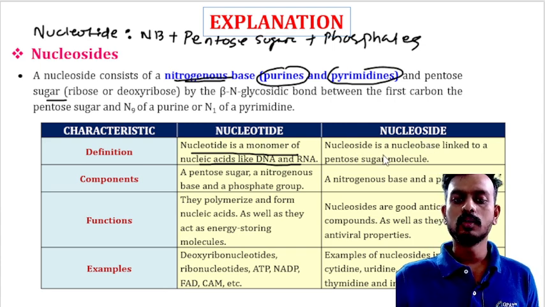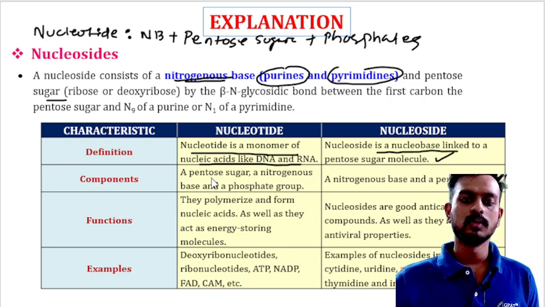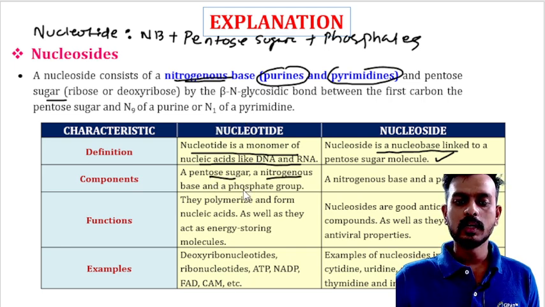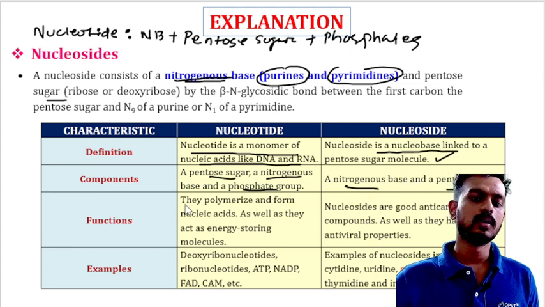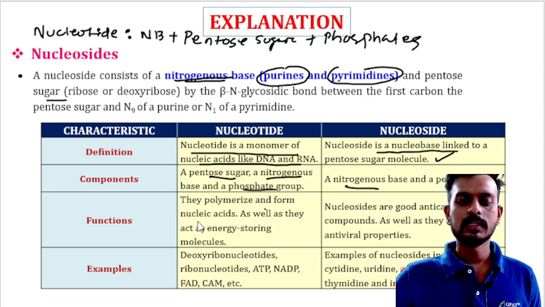is also a monomer. Nucleosides are nitrogenous bases linked with a pentose sugar molecule. A nucleotide has pentose sugar, nitrogenous base and phosphate group. This one has only nitrogenous bases and pentose sugar. They polymerize and form nucleic acids, and they act as energy providing sources.